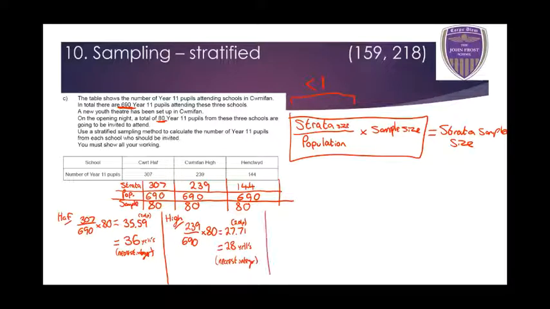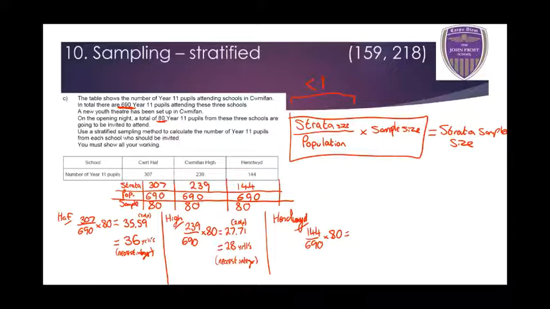And then the last one, we've got Henclwyd. Okay, same formula, use the formula again. So strata size is 144 divided by the population, 690, multiplied by the sample size, which is 80.